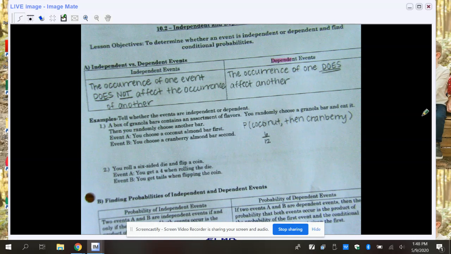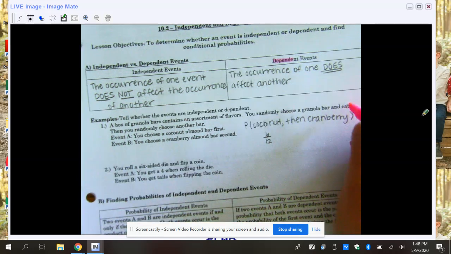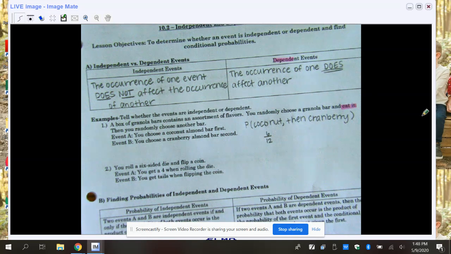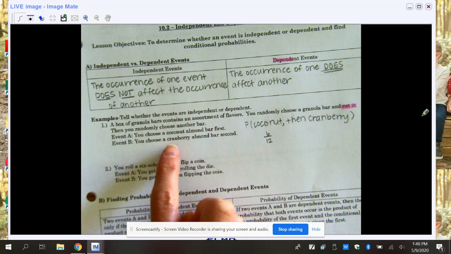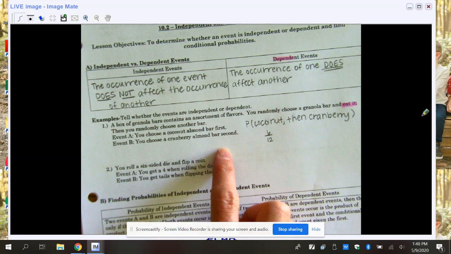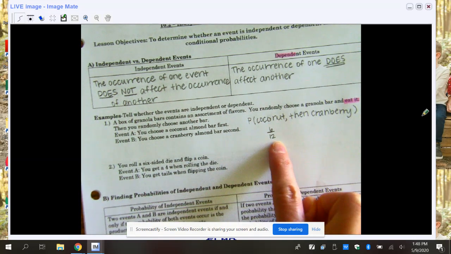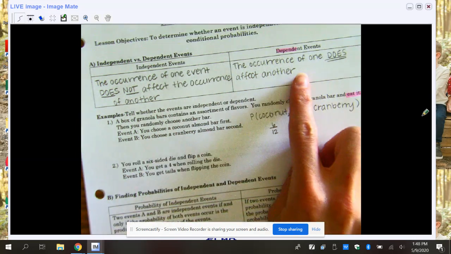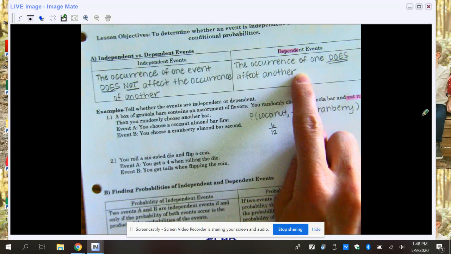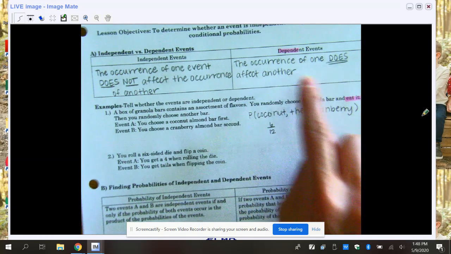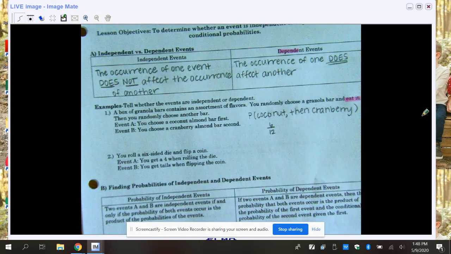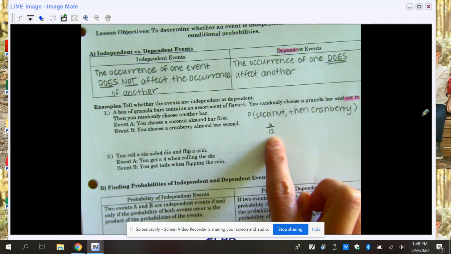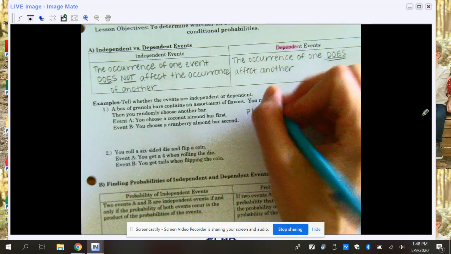But after I pick that bar, I eat it. So when I find the probability that I choose a cranberry almond bar second, I don't have 12 bars to choose from anymore. I only have 11. So these would be an example of dependent events because I'm changing my final amount in my probability.